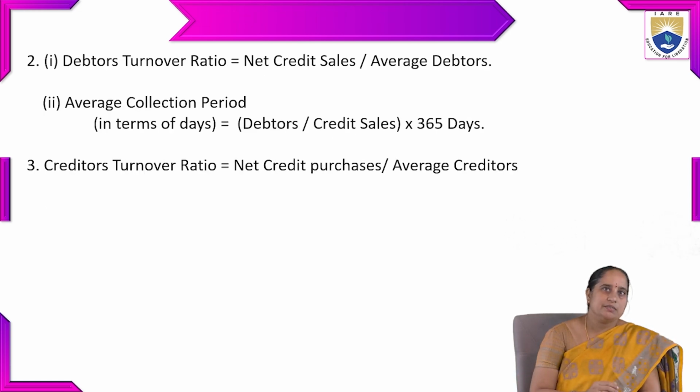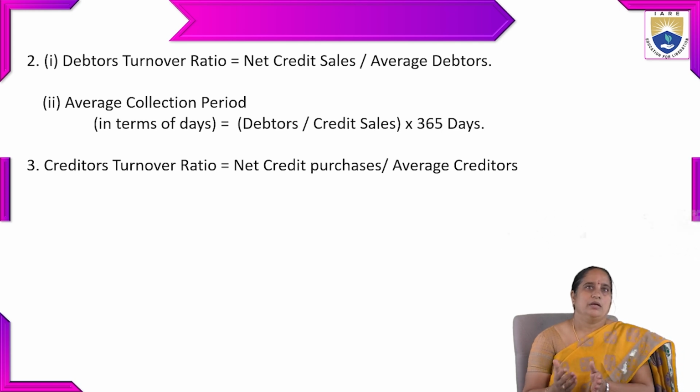Then second, debtors turnover ratio, which can be computed by using the formula net credit sales divided by average debtors. And how to find out average collection period. If you want to get the average collection period in terms of days, within how many days you are going to collect the payments or any other things from various stakeholders.